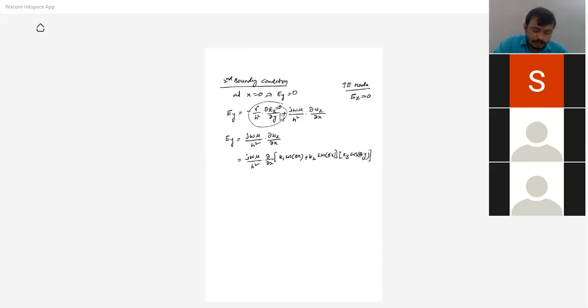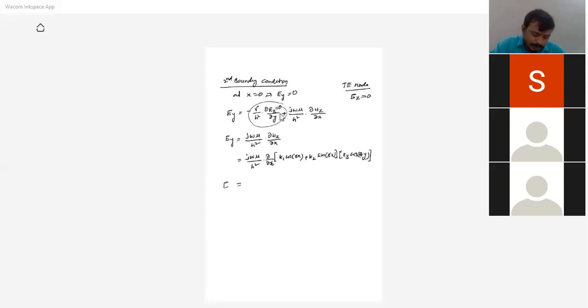K4 is 0 because of the first boundary condition. Now this is the final equation. Now there is a partial derivative of x here.